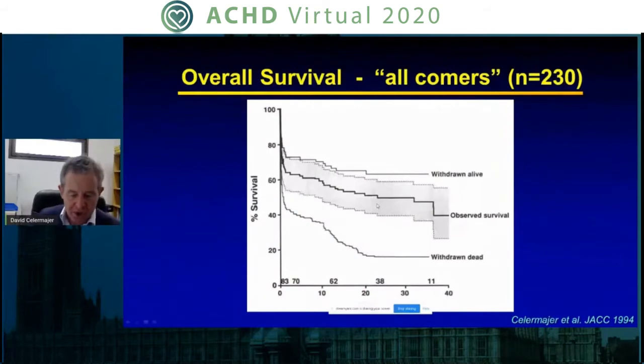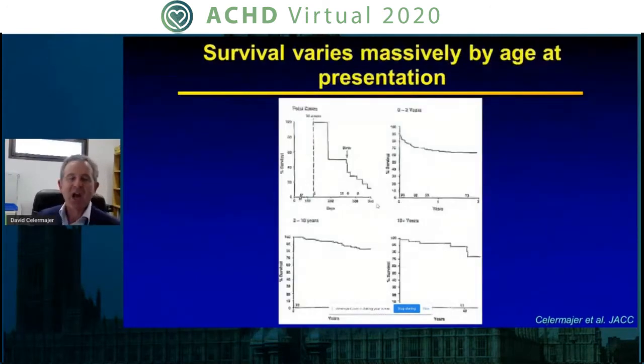But what's extraordinary about this disease is how that prognosis varies according to the age at diagnosis. And that is demonstrated on the next slide, where you can see that if you're diagnosed as a fetus, then the survival is 50% to less than a year.